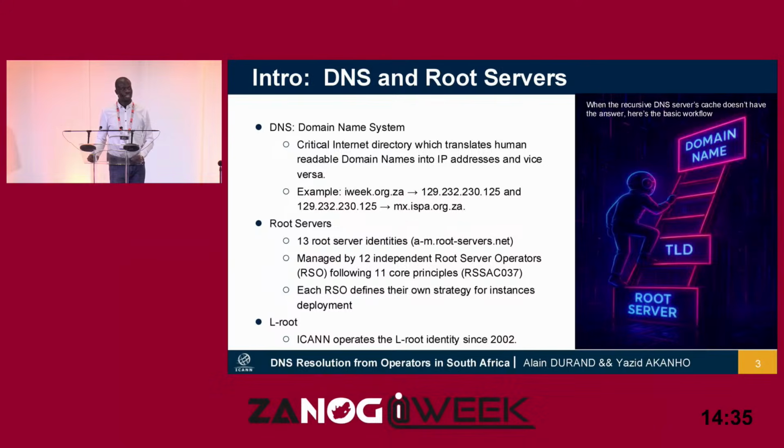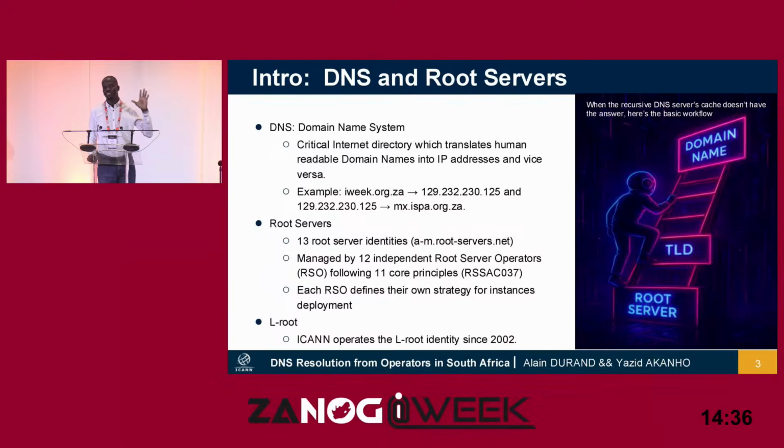But the thing is that they all bind to what we now know as the 11 guiding principles, which are defined in one of the RSAC documents as the guiding principles that the root server operators all follow to ensure the integrity of the root zone file.